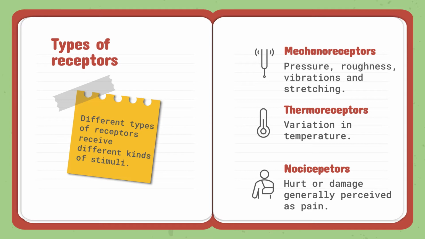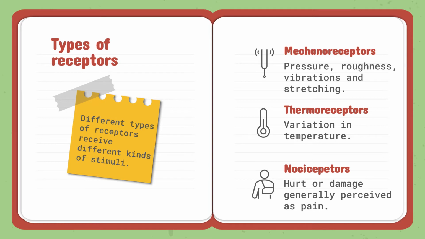Then we're going to talk about thermoreceptors. These thermoreceptors respond to variation in temperature. They are found mostly in the skin and detect temperatures that are above or below body temperature, so we can know if something is cold or warm or hot. Finally, we have the nociceptors.